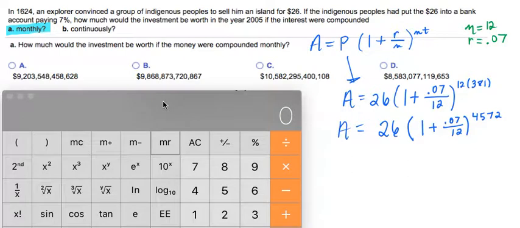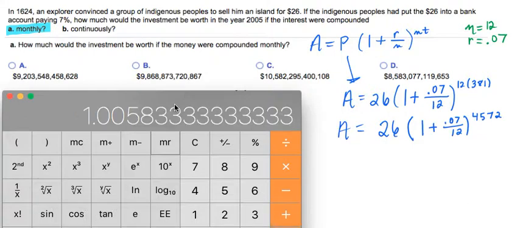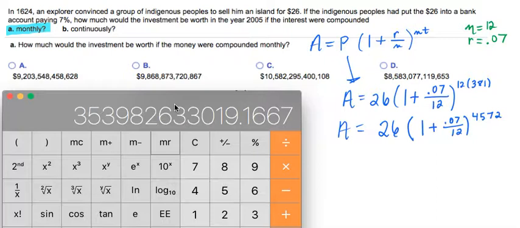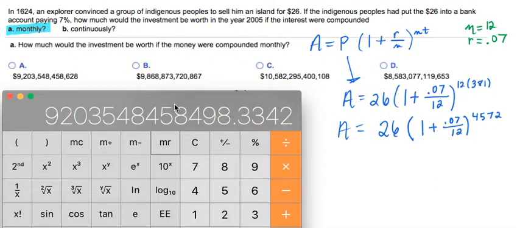If I do 0.07 over 12 and add 1, and I raise that to the power of 4572 and multiply times 26. Okay, this is actually pretty close to the first answer. Trillions. 203 billion, 548. We're still the same. Then 458. We're the same to there.